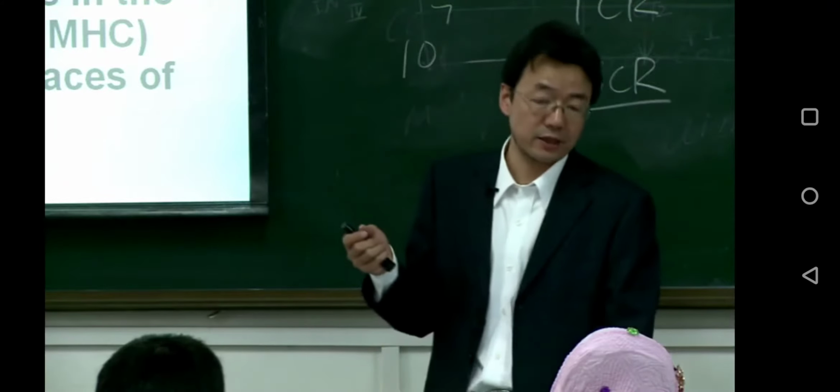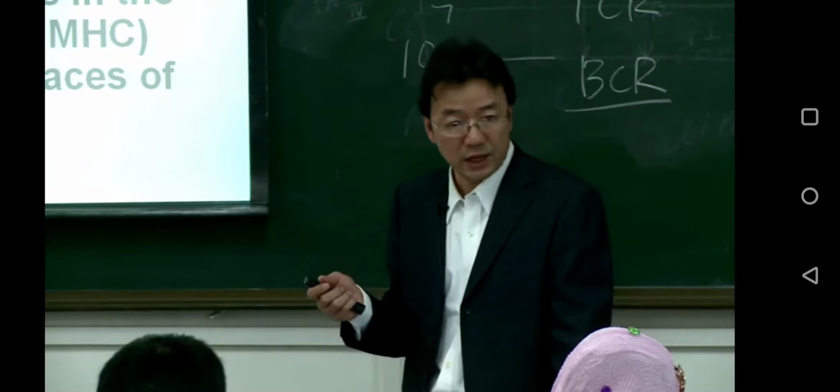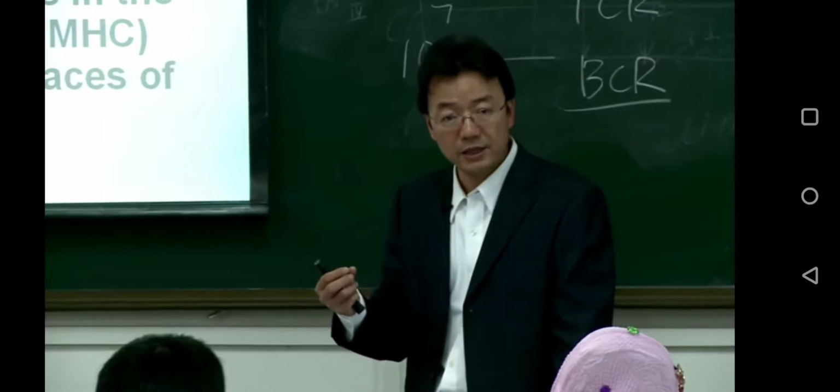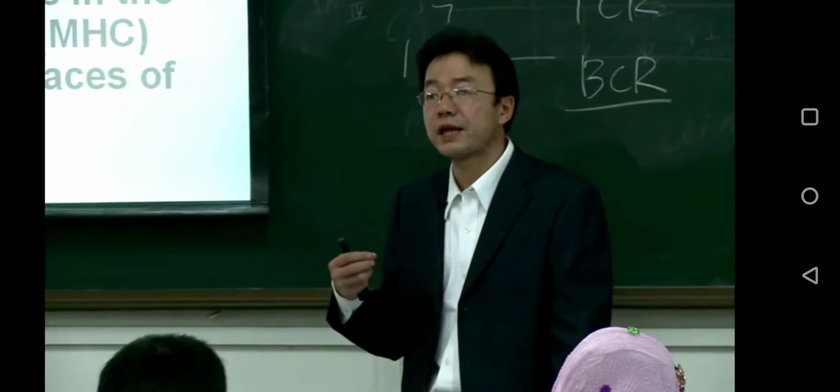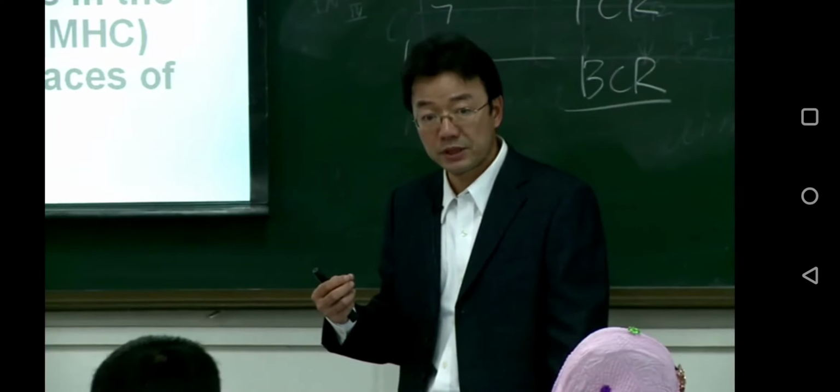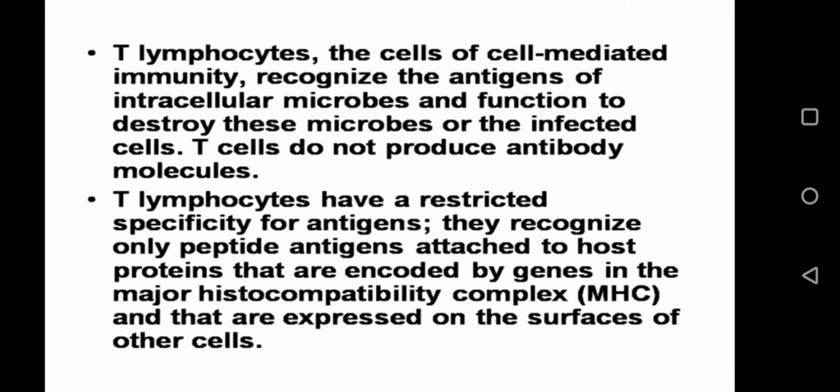And CD8 positive T lymphocytes recognize the antigen presented by APC, which forms a complex with the MHC class I molecule. So this is what we call the MHC complex.